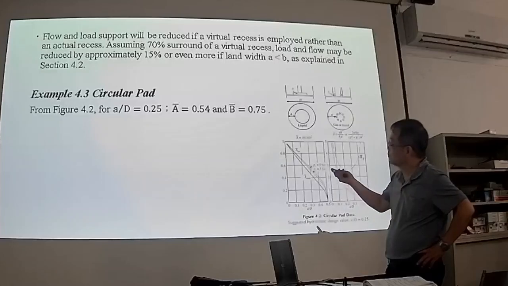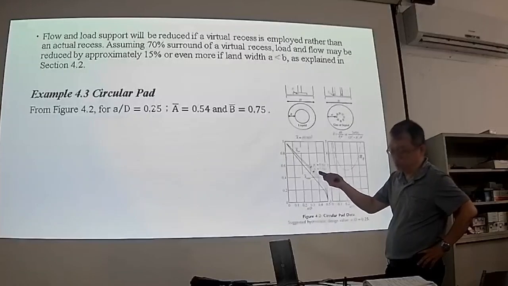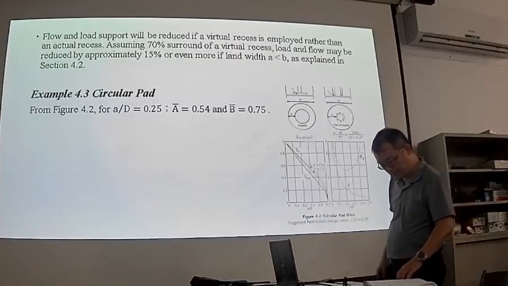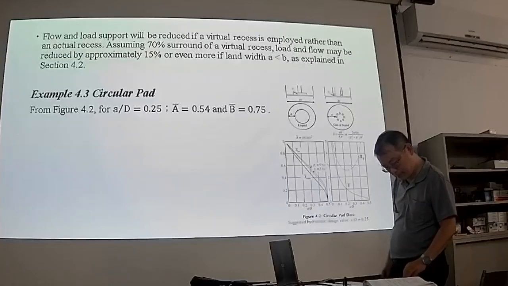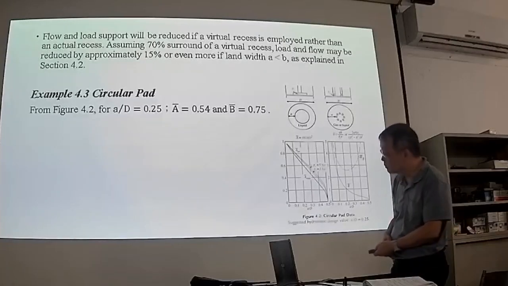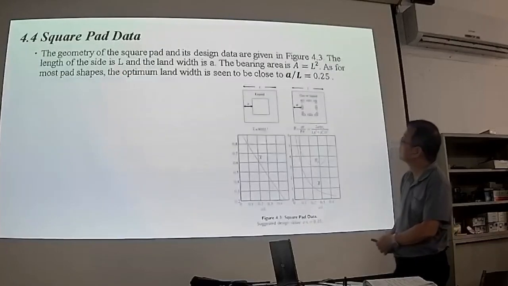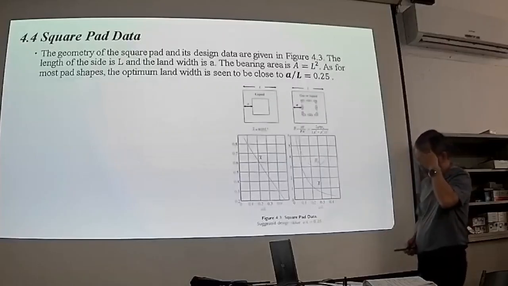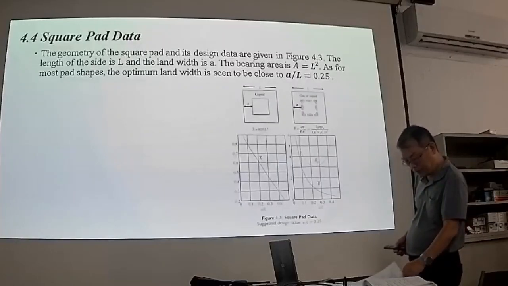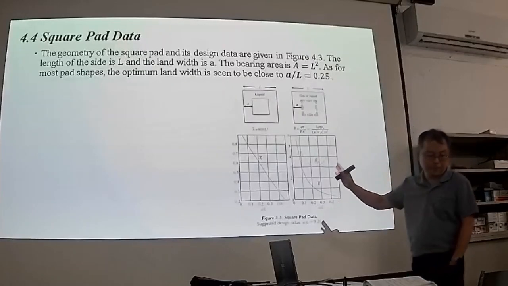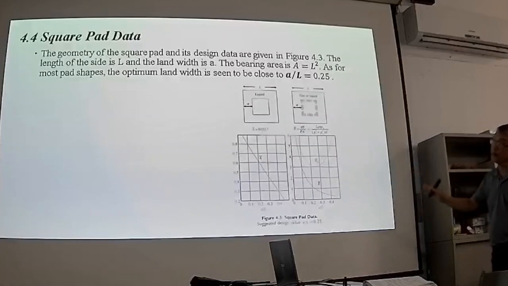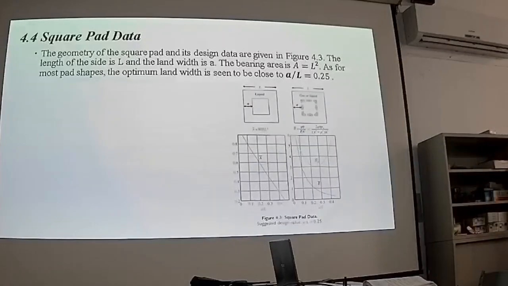4.3 using this equal to 0.25. 那这个是here is a square bearing pad.